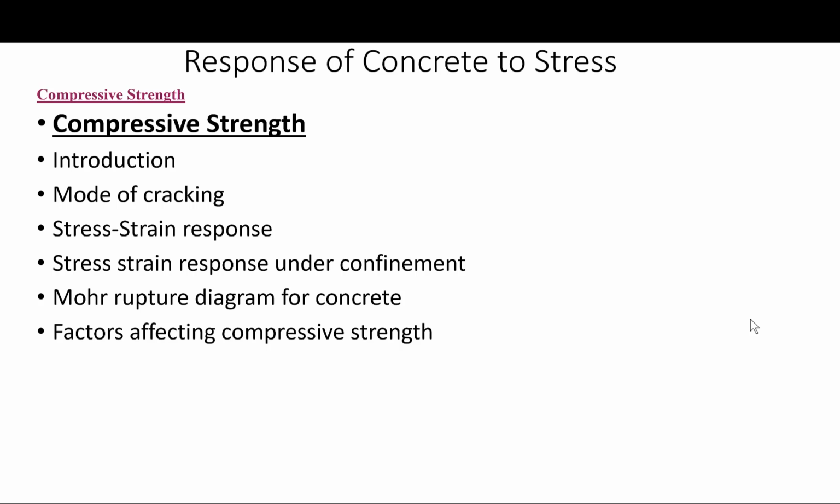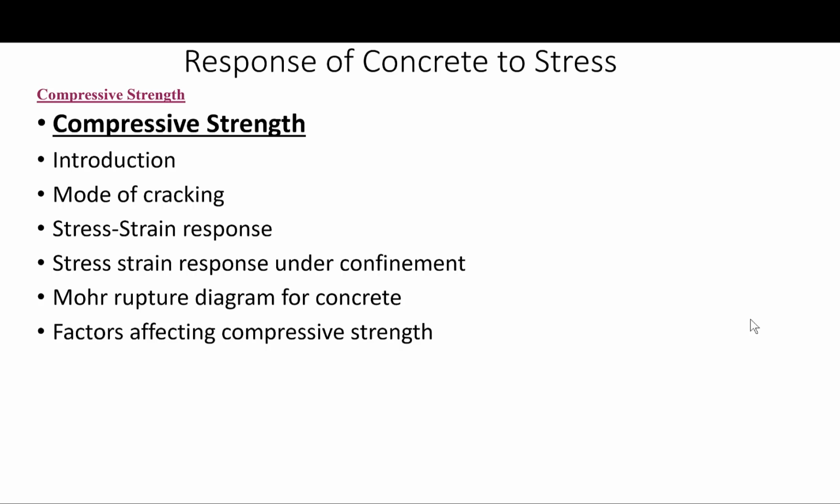Also, in addition to lubricating the contact surfaces, other procedures have been used to help attain a true uniaxial state of stress, such as using soft platens or brush bearing platens to reduce that confinement. Another method is to increase the length to diameter ratio of the cylinder to reduce the confining effect at the ends. Anyway, we will see that in the next slides.